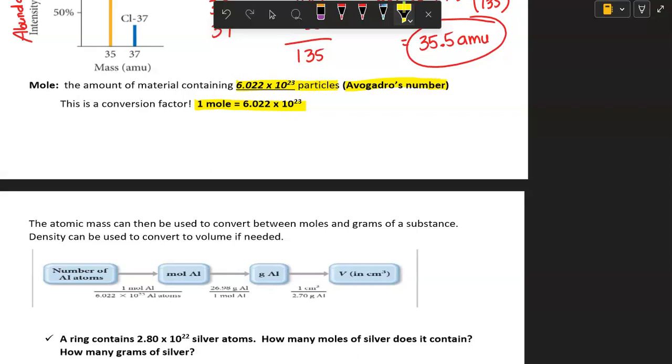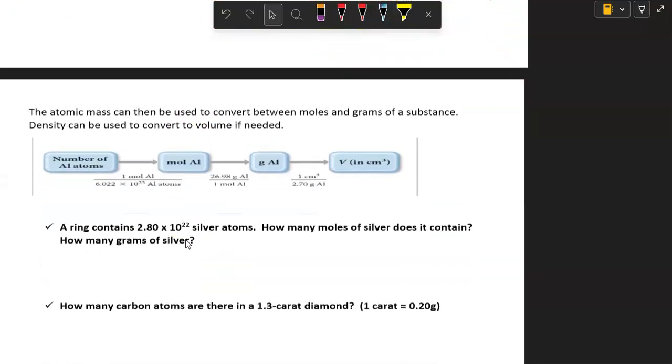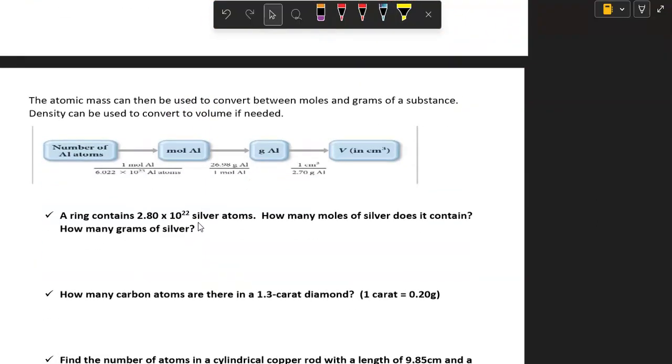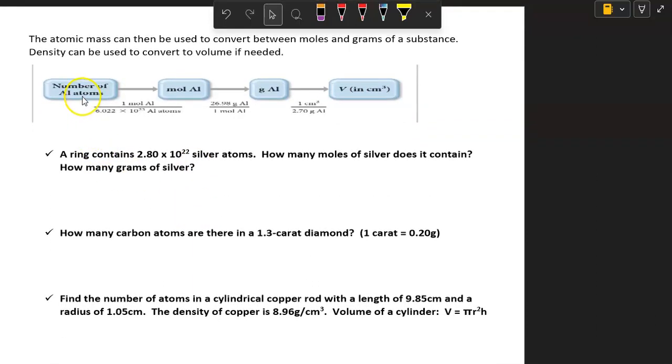So we're going to look at converting between moles and other things for elements in this chapter. In later chapters, we'll look at it for molecules and things like that. But there's this little map here, and it's a mini mole map, we'll call it. It shows you converting from number of atoms, and it uses aluminum in this particular example, to moles of atoms.